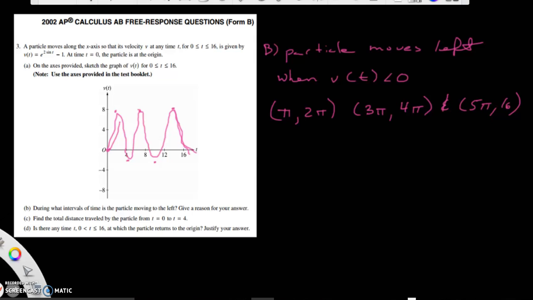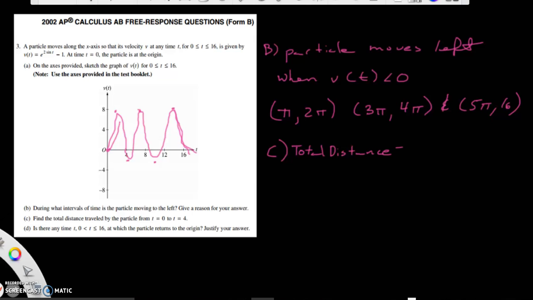Okay, part C. Find the total distance traveled. Okay, so that's an easy question. Total distance, like our last video, is just going to be the absolute value of this.